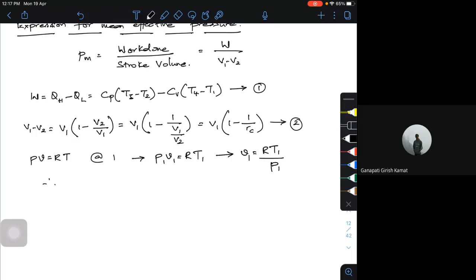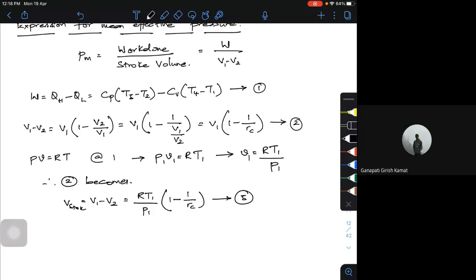So the stroke volume V1 minus V2 is equal to R T1 divided by P1 into (1 minus 1 by rc). Let me call this equation number 3.